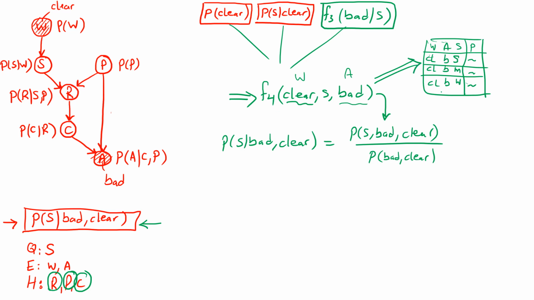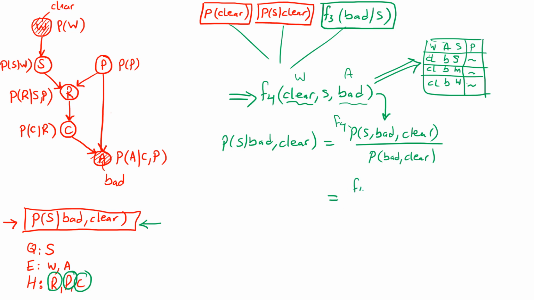So if we have this table of values, what we do is sum over all of these values and divide by them, so that we do the normalization. After we divide, we get P of S given bad and clear. If I want to show it by an equation, this will be the factor, which I can call P or F4. That's the same, because F4 actually is the probability.